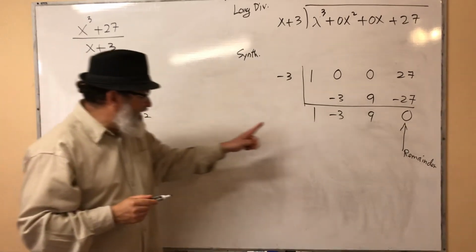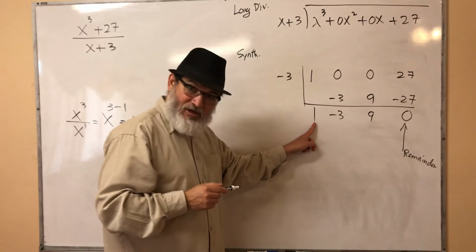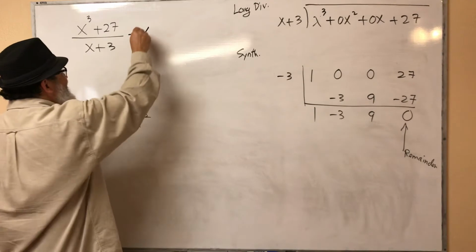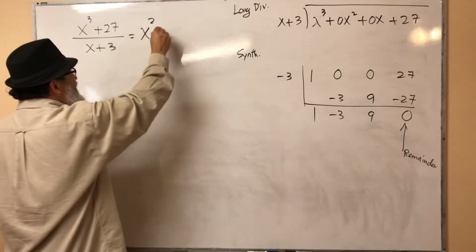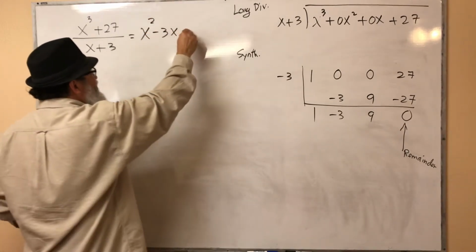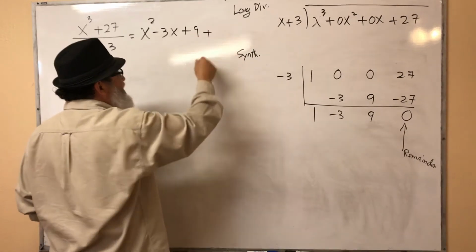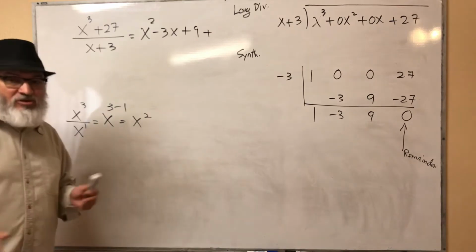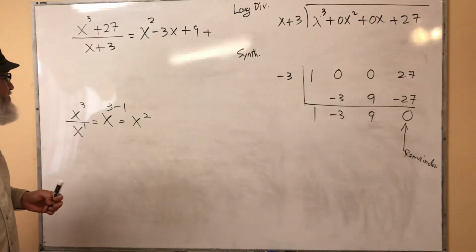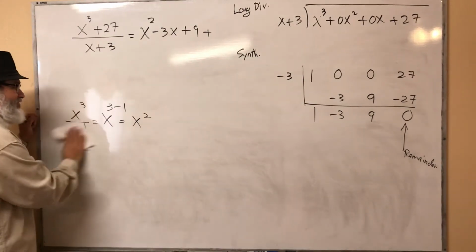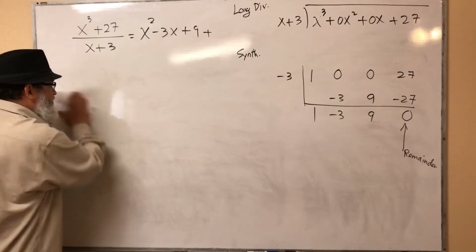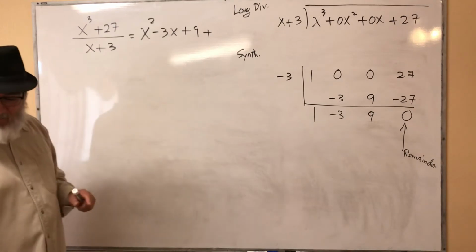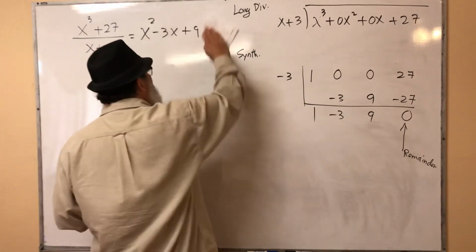And that corresponds to this number. So the answer is x squared minus 3x plus 9 plus remainder of 0. Whenever the remainder is 0, you don't have to write it. And you're done. That's the answer right here. Look.